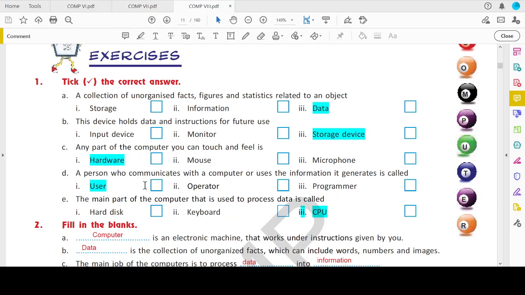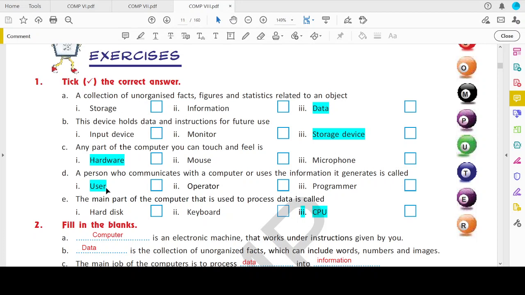A person who communicates with a computer or uses the information it generates is called user, operator, programmer. See, again the same example, the difficulty level is same. A person who communicates with a computer or uses the information it generates is called a user.